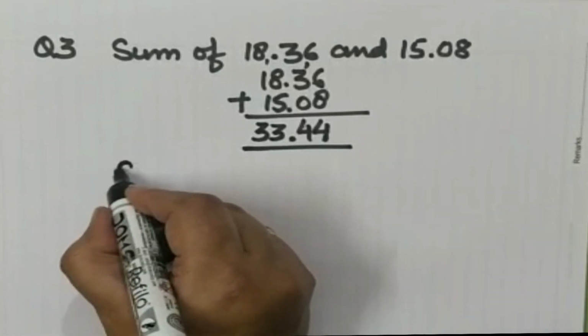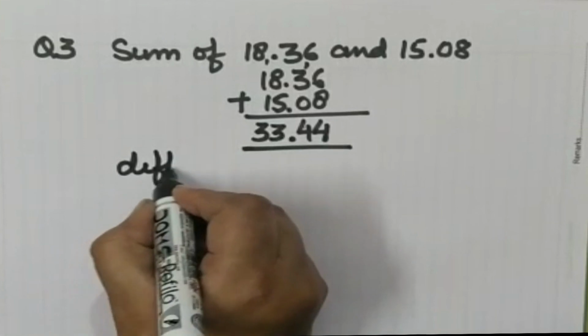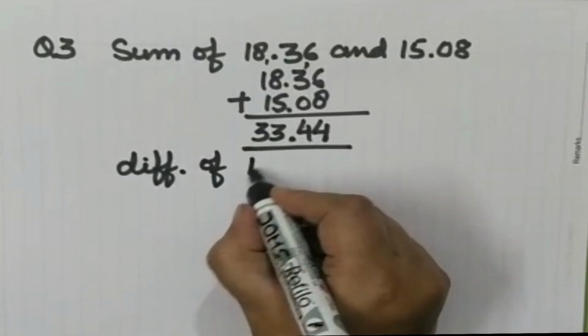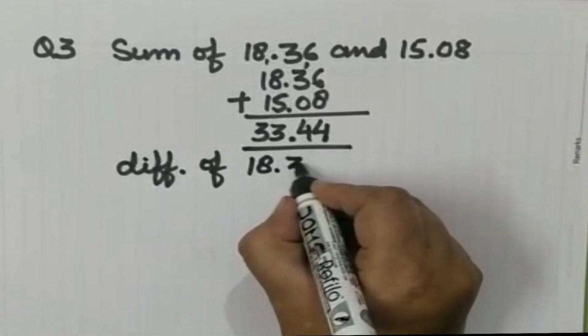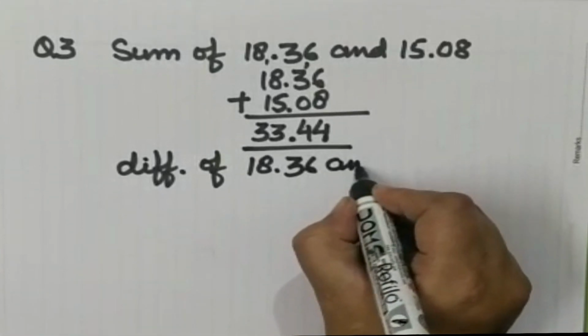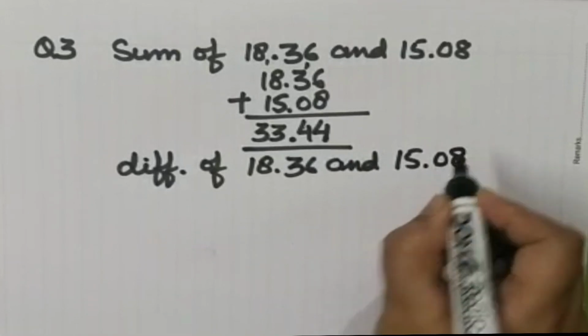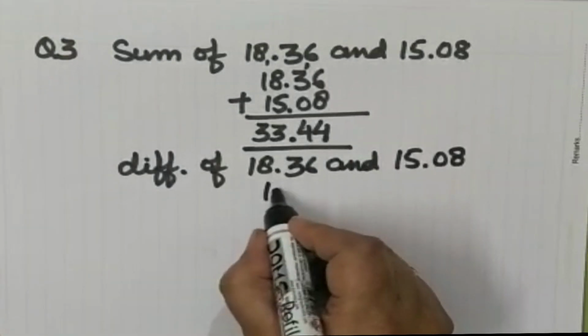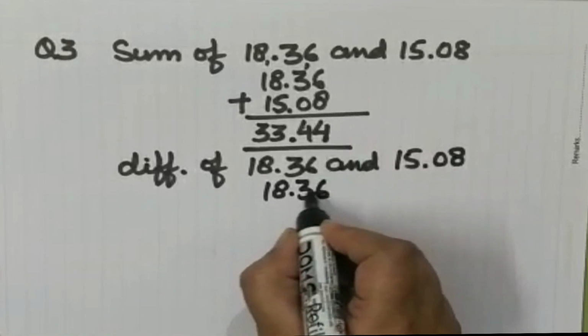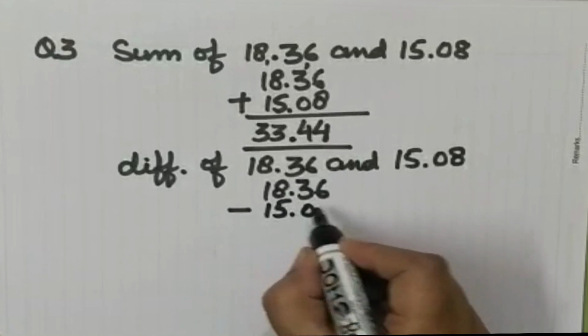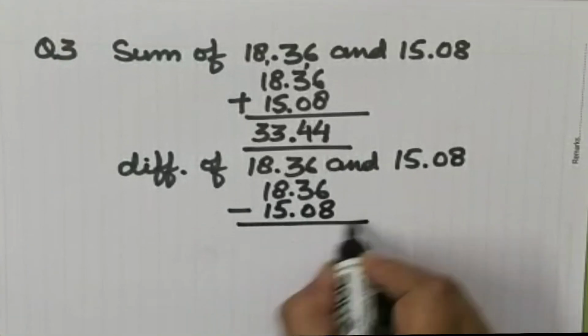Now we find the difference of both numbers. Difference of 18.36 and 15.08. 18.36 subtract 15.08.